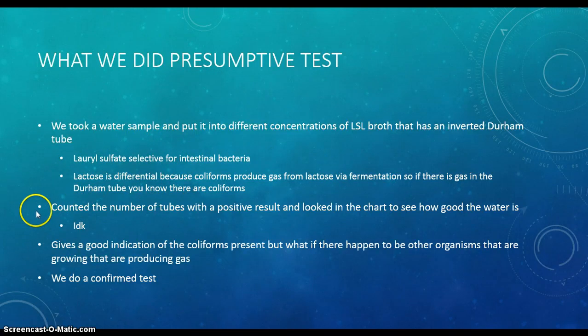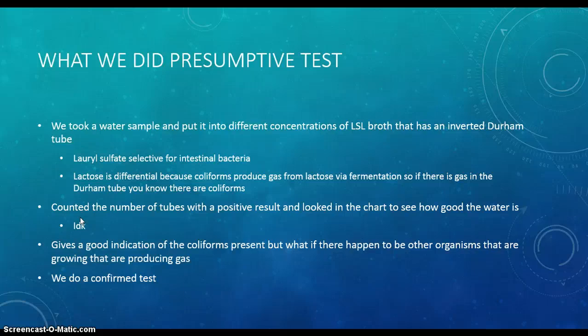So what we did was we counted the number of tubes with a positive result and looked at the chart at the end of the lab on page 86, and we saw how good the water was. Now, I never really got that because it seems like this chart would have a higher degree of uncertainty, but I guess it is important to note that it is a most probable number technique, and it's not an exact thing.